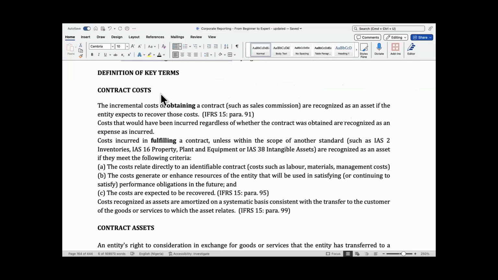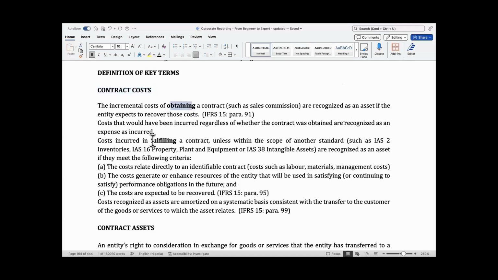And this contract cost is speaking to the cost of obtaining and fulfilling a contract. So if you have to incur some costs in order to get a contract, like probably you paid some people commission to help you get a contract, you recognize that as contract costs.